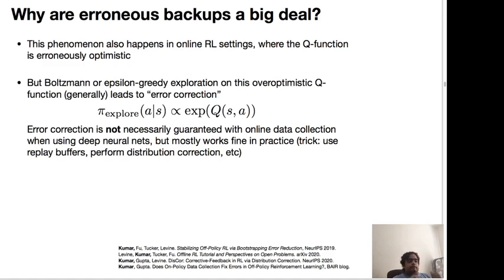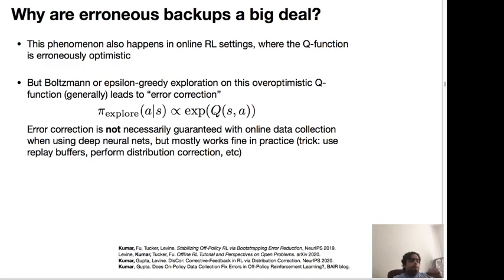It turns out that the reason it's not a big deal in online RL is because when your Q function is erroneously optimistic, you're still allowed to explore the environment. In a lot of cases, the exploration policy you use is somehow related to the Q function, in that it chooses actions that have high Q values, for instance Boltzmann exploration or epsilon greedy exploration.